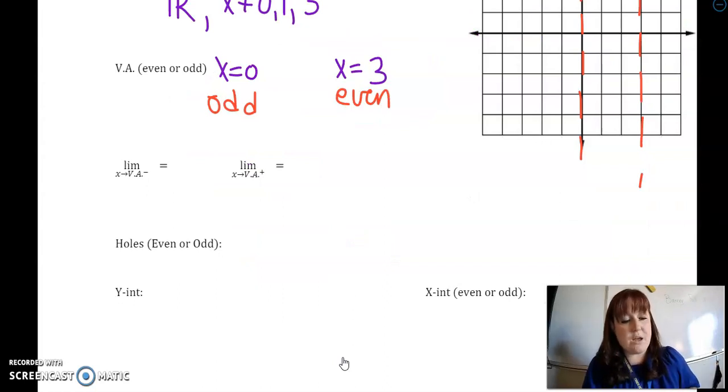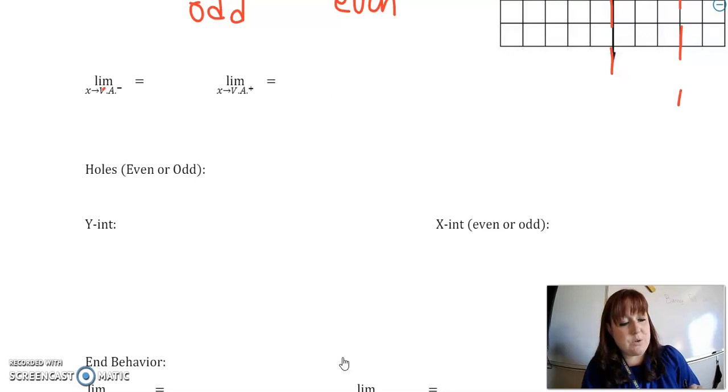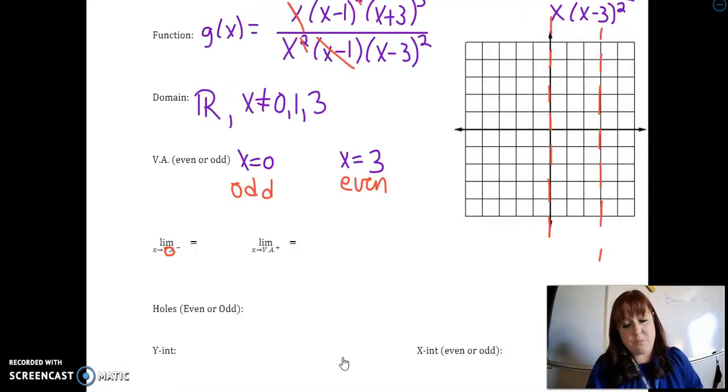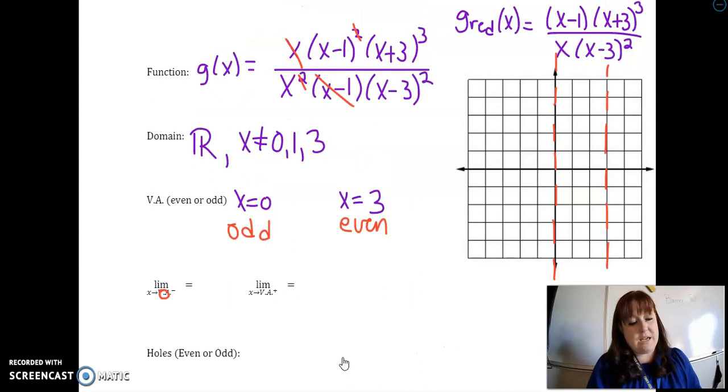So first, let's try approaching the vertical asymptote 0 from the left and see what happens. Okay, when I'm approaching 0 from the left, I have to pull my function up here. Let's see, we're going to put numbers a little bit smaller than 0 in here. So if I put a number a little bit smaller than 0, I get a negative number here. If I put a number a little smaller than 0, I get positive.